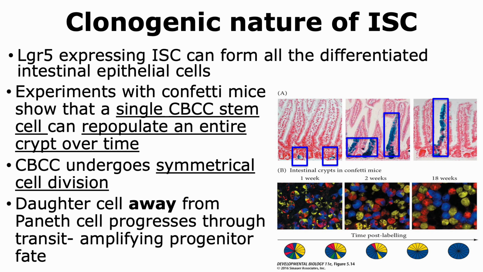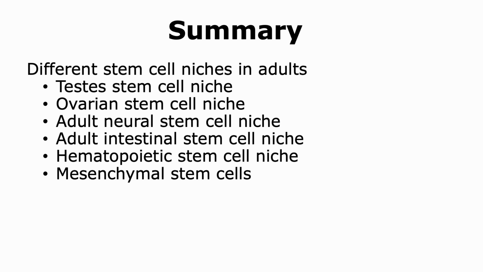Thus, the location of the daughter cell defines whether the cell will be a stem cell or it will undergo differentiation. With this, we come to the end of our adult stem cell niches, where we learned about different stem cell niches that are found in adults and focused on the intestinal stem cell niche.